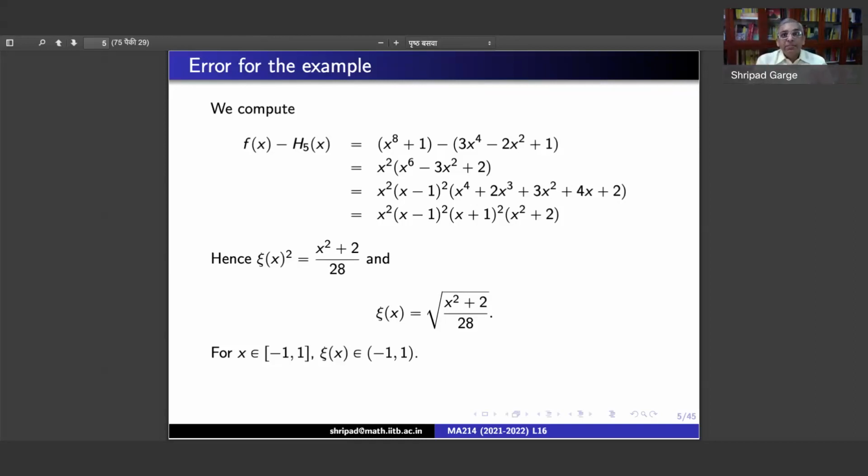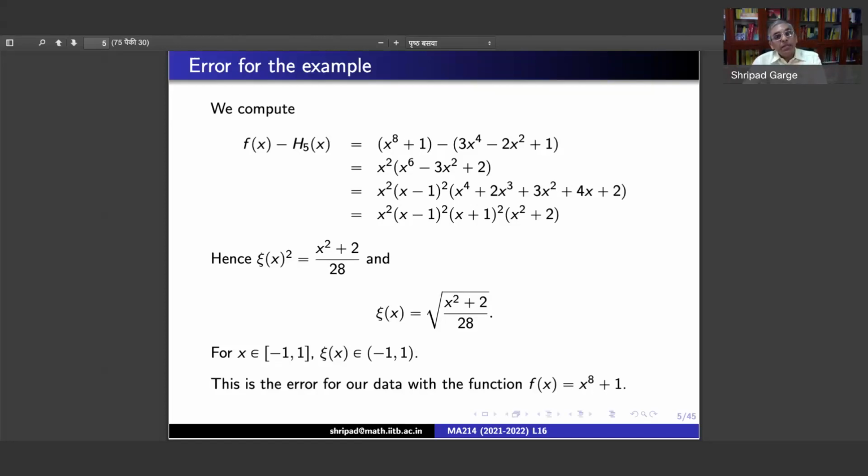Then you divide it by 28, so you get something between 2 by 28 and 3 by 28. So this is definitely within the interval 0 to 1, and so you also have it within the open interval -1, 1. Of course, I should also point out that this is the error for our data with the function f(x) equal to x power 8 plus 1.